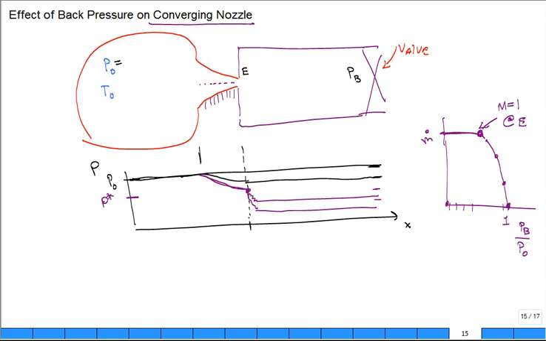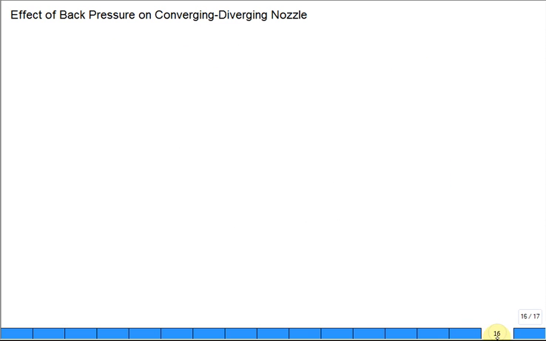Well, what you do is you have a converging, diverging nozzle. In the converging section, it's subsonic. In the diverging section, it's supersonic, and now I can get speeds above Mach 1 in the nozzle.